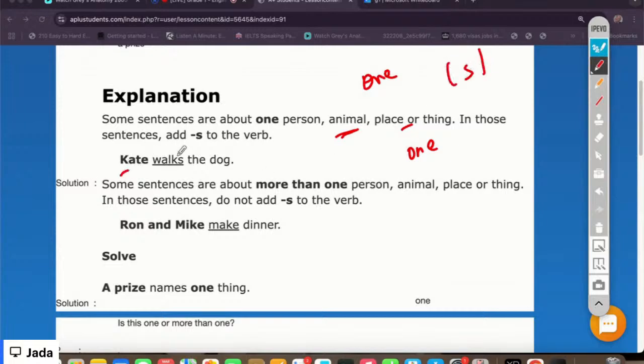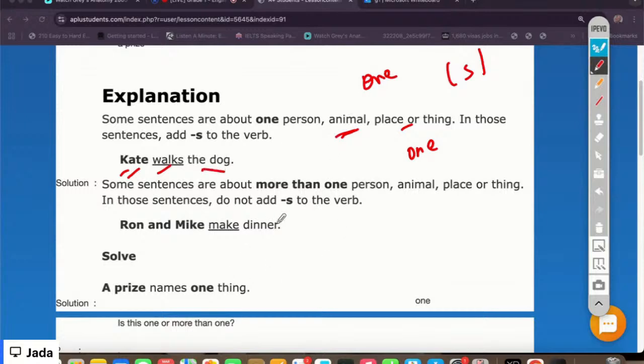Just like we have Kate walks the dog. If it's all about one person, you add s, just like Kate walks the dog.